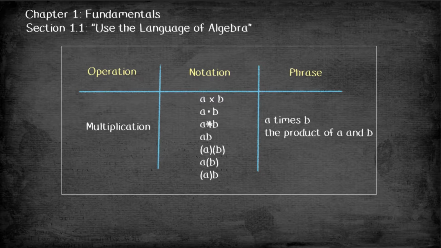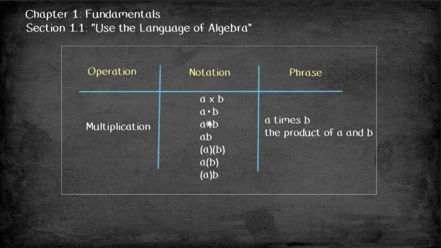For multiplication, we actually have a lot of different ways of writing it down, but very few ways of saying it. So all of these notations mean multiplication. We have the X, or the standard times symbol, the dot, which also represents multiplication.